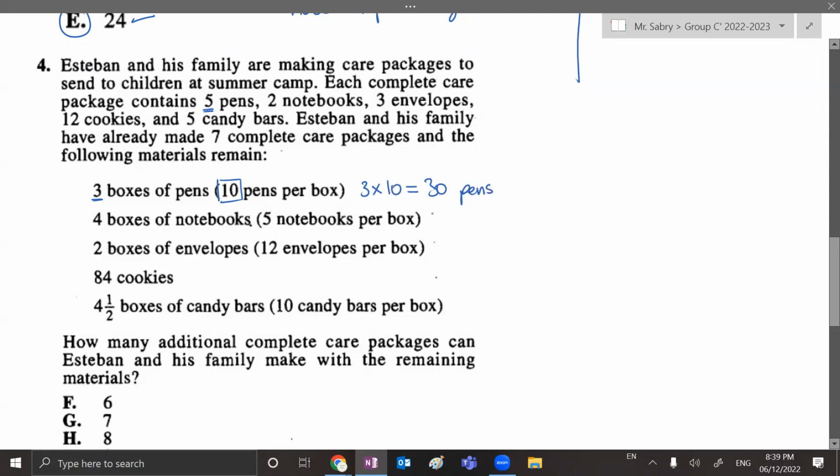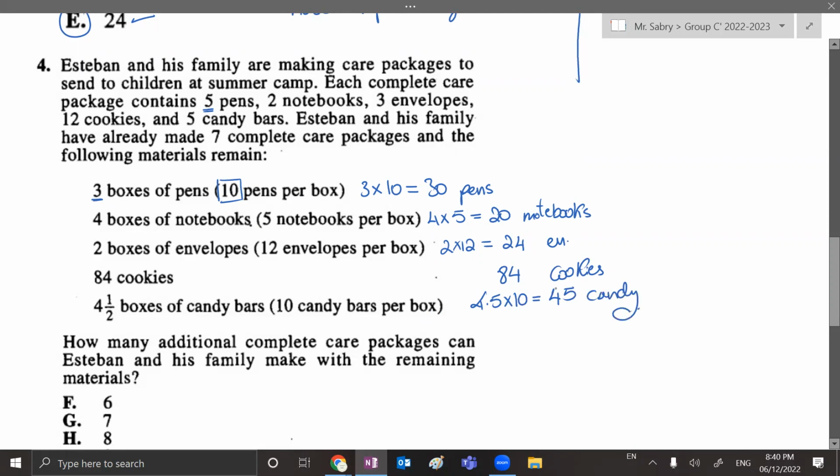And there are 4 times 5, meaning 20 notebooks available. And then 2 times 12, there are 24 envelopes. And there are 84 cookies as they are. And a total of 4.5 times 10, and that's 45 candy bars.